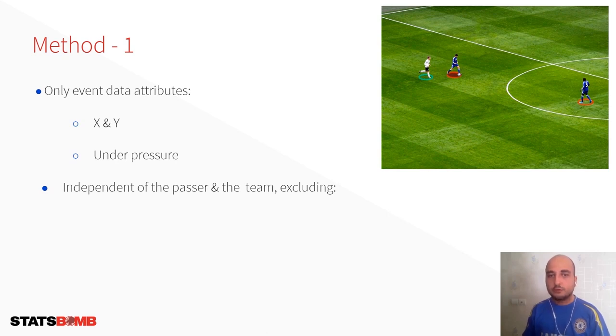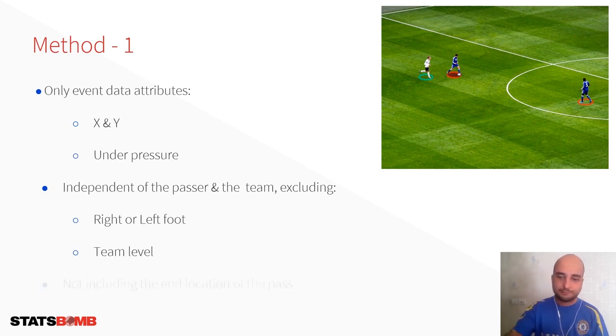But because we want to be independent of the passer and the team, we exclude information like whether the pass was with a right or left foot, or what the passing information or accuracy of the team is. So no matter whether, in the situation that we see on top, Chelsea is on the ball, or maybe another team is on the ball, we are interested only in how the players and everything are on the pitch.